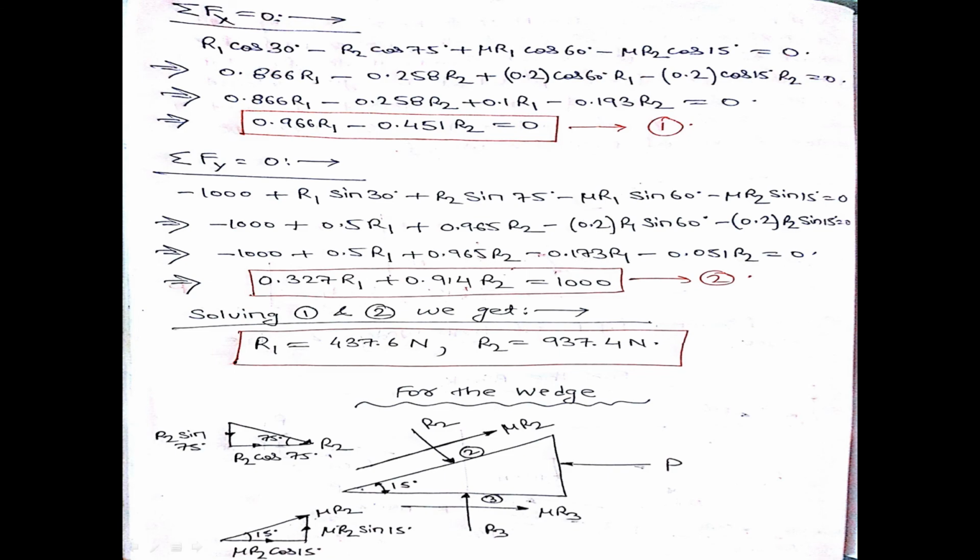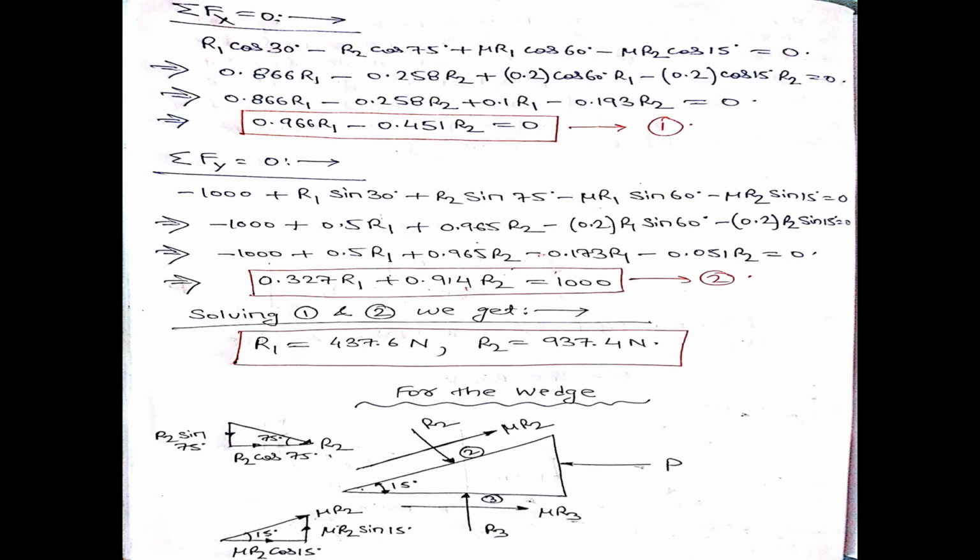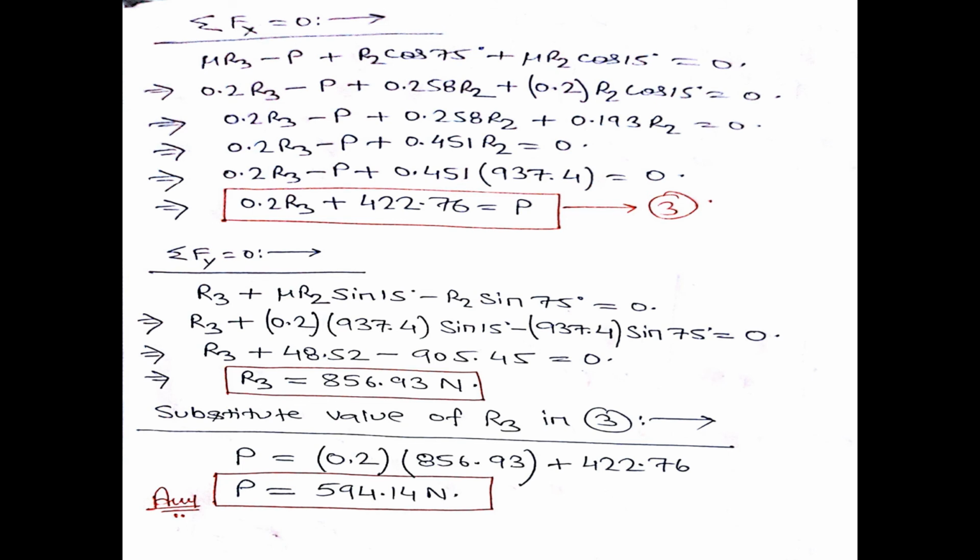So I can write plus mu R3 minus P plus R2 cos 75 plus mu R2 cos 15 equal to 0.